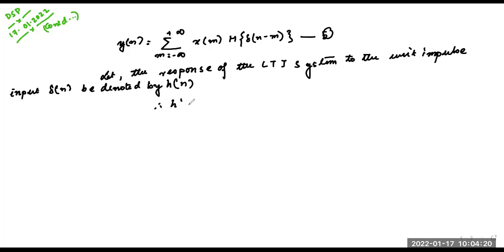So that can be written as h[n] equals H of delta[n].